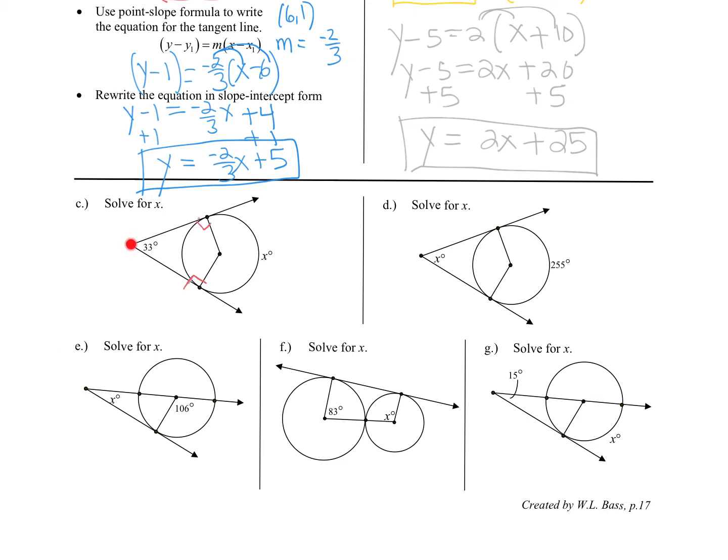And what I have here is a quadrilateral that equals 360. So therefore, when I take the 90 and the 90 and the 33, what I'm left with is 147 for this angle measure. Which means that if this is 147, then this must be 213. And then the arc that goes with this, which is x, must also be 213 degrees.